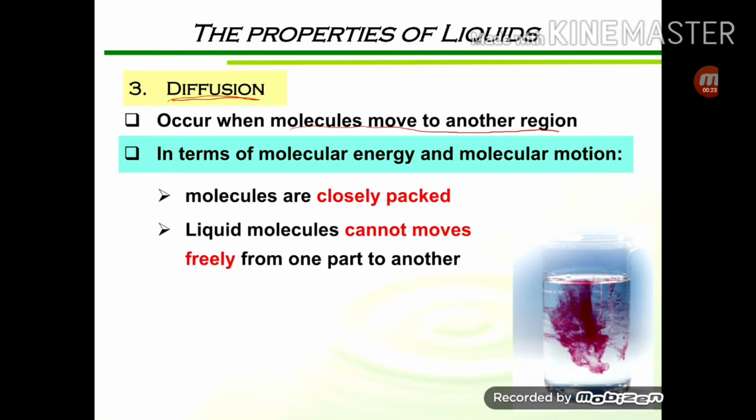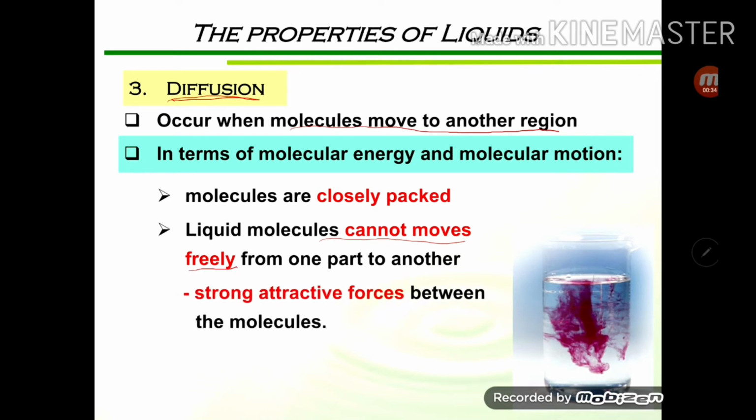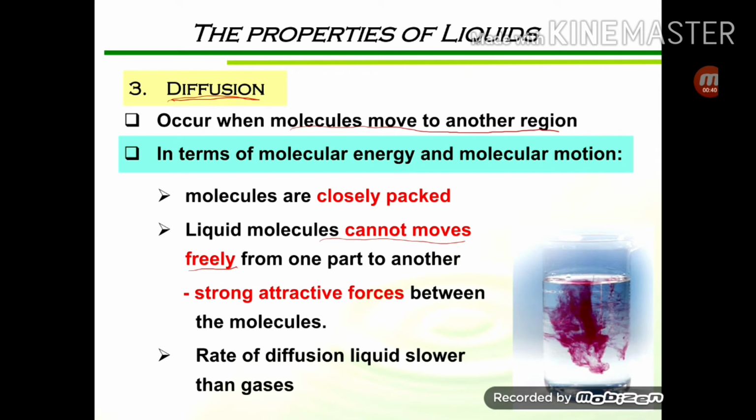Like I said before, the molecules are closely packed and liquid molecules cannot move freely from one part to another because of the strong attractive force between the molecules. Thus, the rate of diffusion of liquid is much slower than gas. The stronger attractive force between liquid molecules restricts them from diffusing.